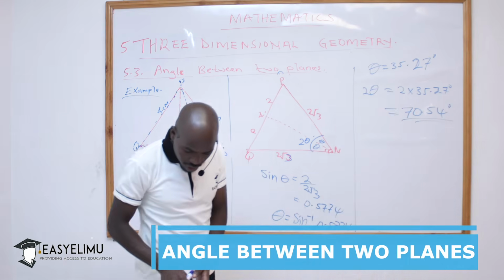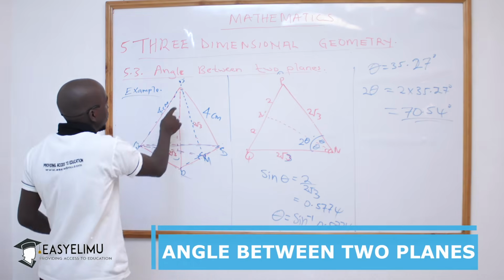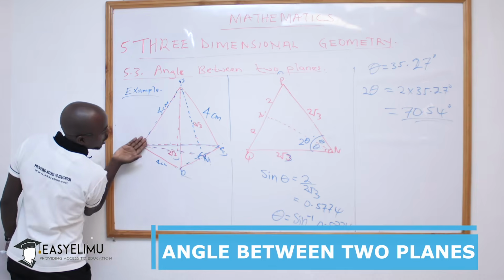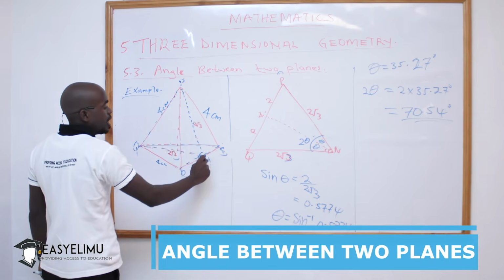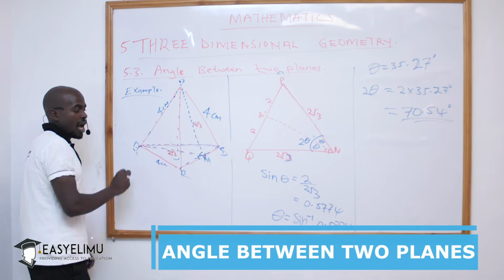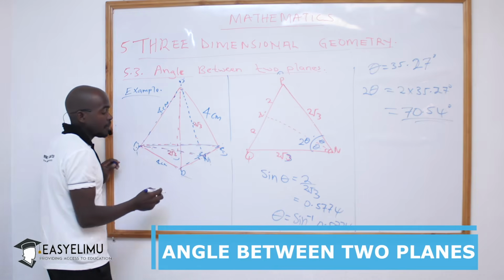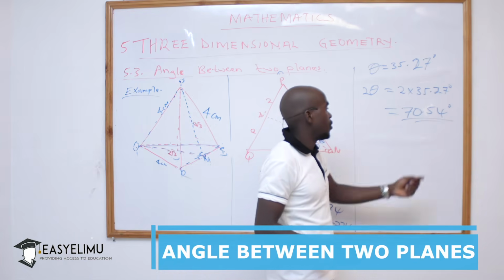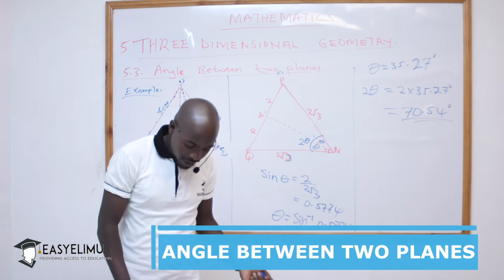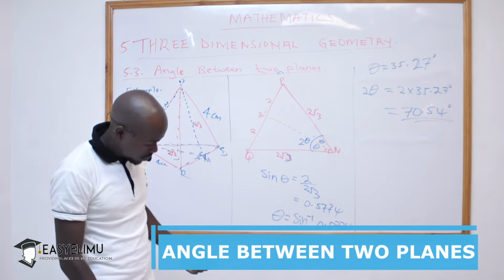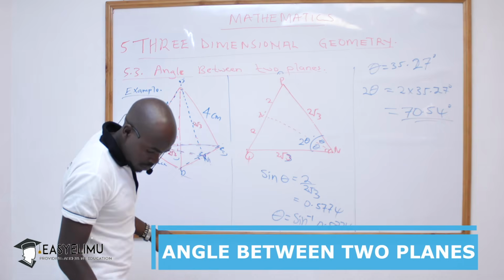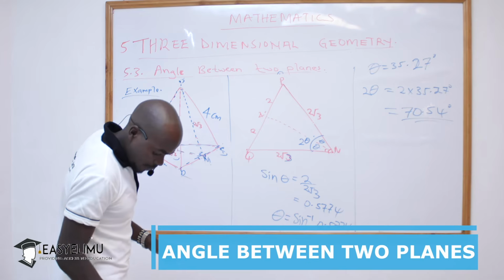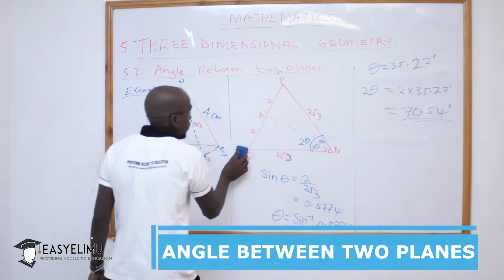So the angle between the plane PSR, the outer plane, and the lower plane is the angle between line PM and MQ. And that one we have found to be this angle, which is 70.54 degrees. So we have concluded that we have found that. We can still find another one here. That is 70.54. We have found it.